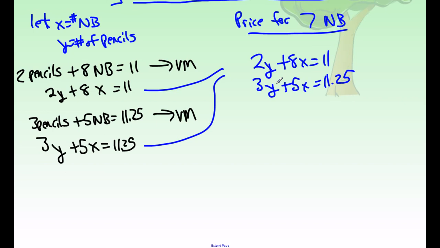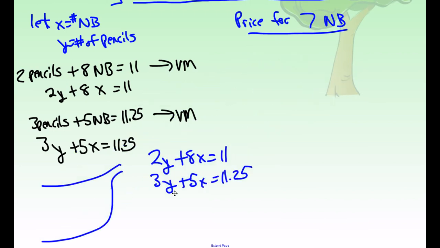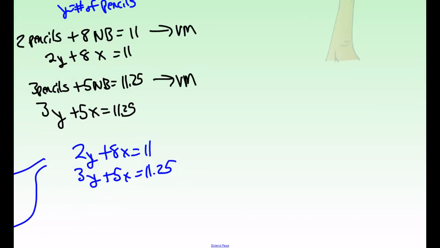But in order for us to do this, we have to do a little bit of mathematic finagling to make these equations eliminationable. Is that a word? So let's see here. I'm going to eliminate, doesn't really matter, the x's or the y's. I just have to figure out which one I want to use.